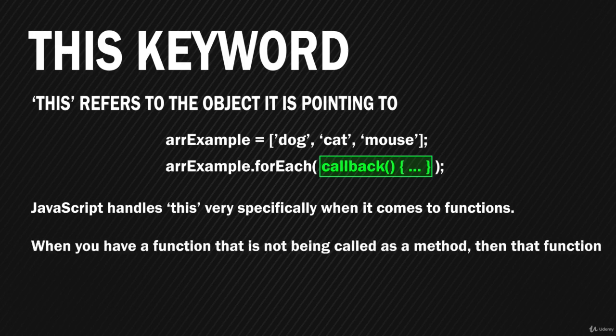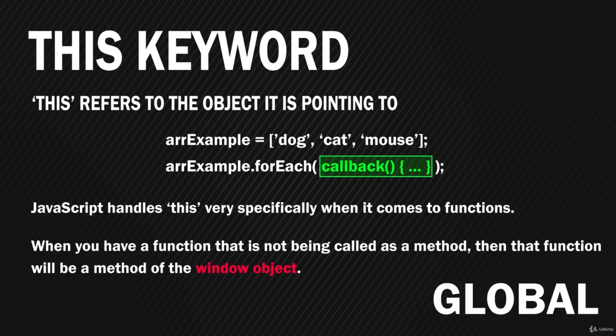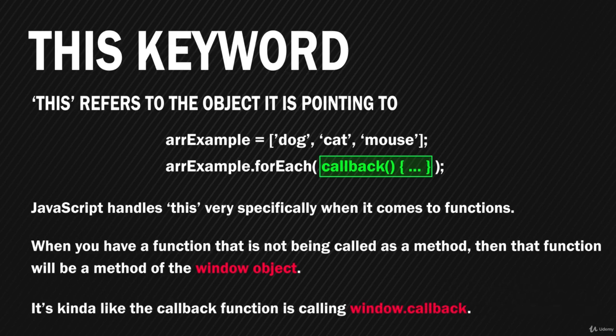When you have a function that's not being called as a method, then by default, that function is actually a method of the window object, or whatever the global object is depending on your JavaScript environment. For example, if you're running in Node, the global object isn't the window object, it's called, ironically, global. So we can say that it's kind of like the for each callback method is calling window.callback. And that's why when you use this, it's referring to whatever called that callback, in this case, the window object.